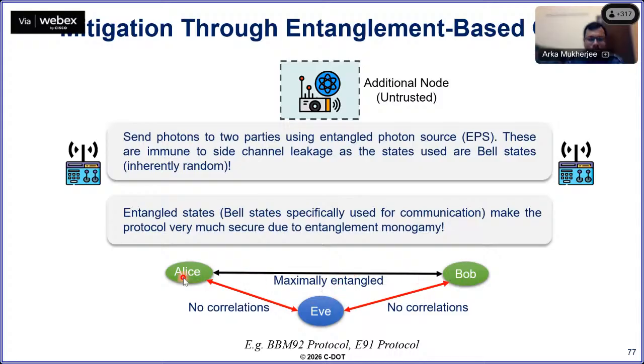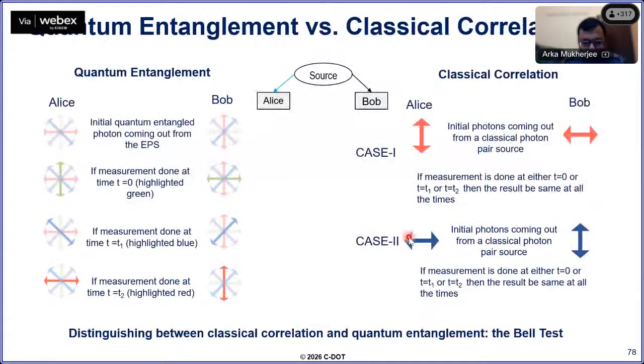So if two particles are entangled between Alice and Bob, there will be no correlation with any third party, or Eve. That's why it is called entanglement monogamy: one particle cannot be maximally entangled with two particles. It can be maximally entangled with only one particle, which is why the term is monogamy. The examples are the BBM 92 and E91 protocols, as I told.